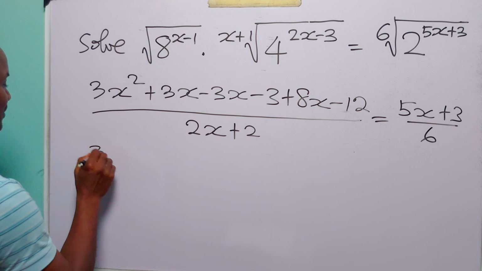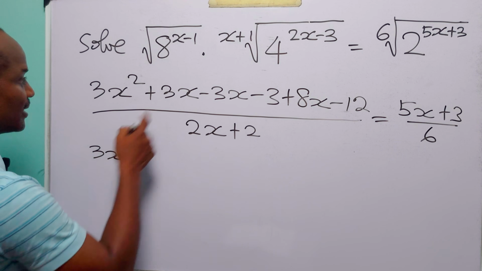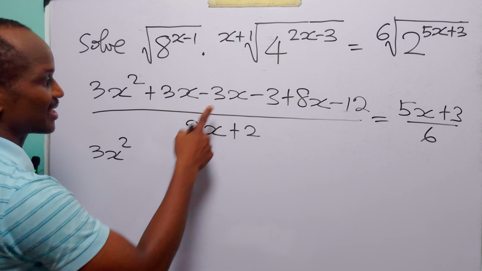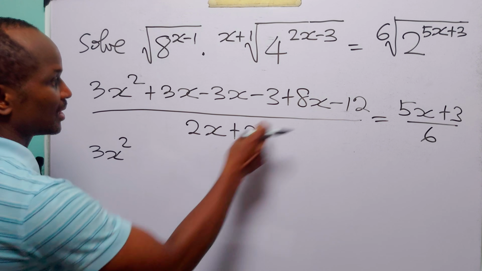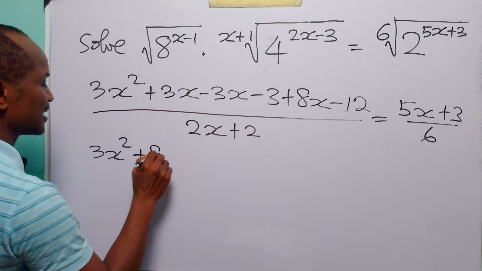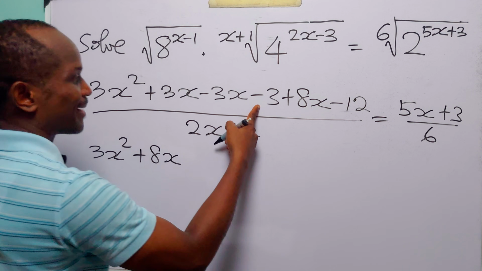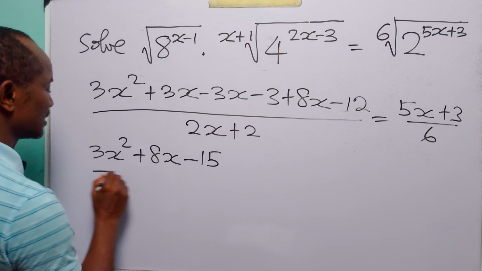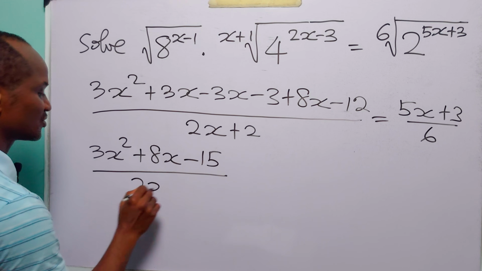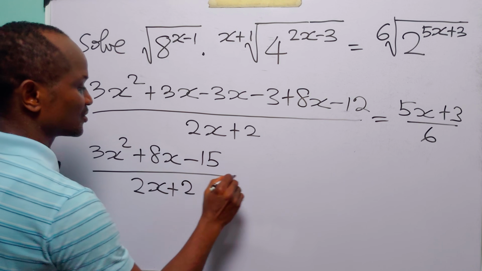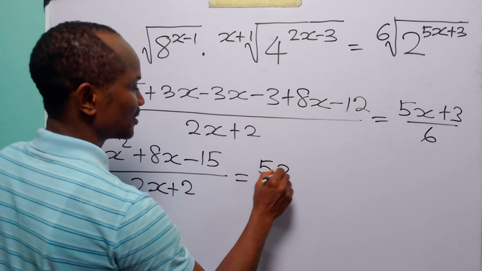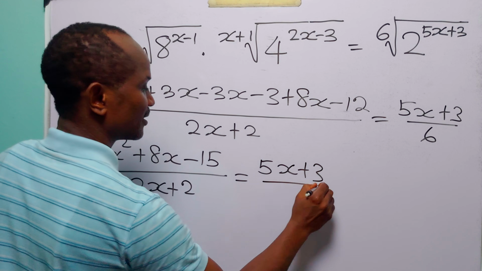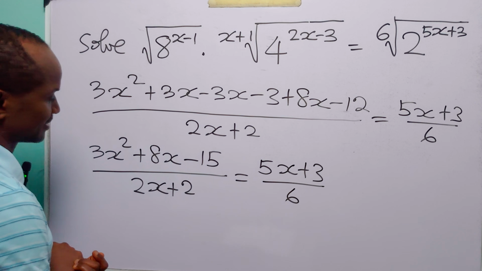And here we have 3x squared plus 3x minus 3x is equal to 0. We have plus 8x. Minus 3 minus 12 is minus 15, divided by 2x plus 2. And this is equal to (5x plus 3) over 6.